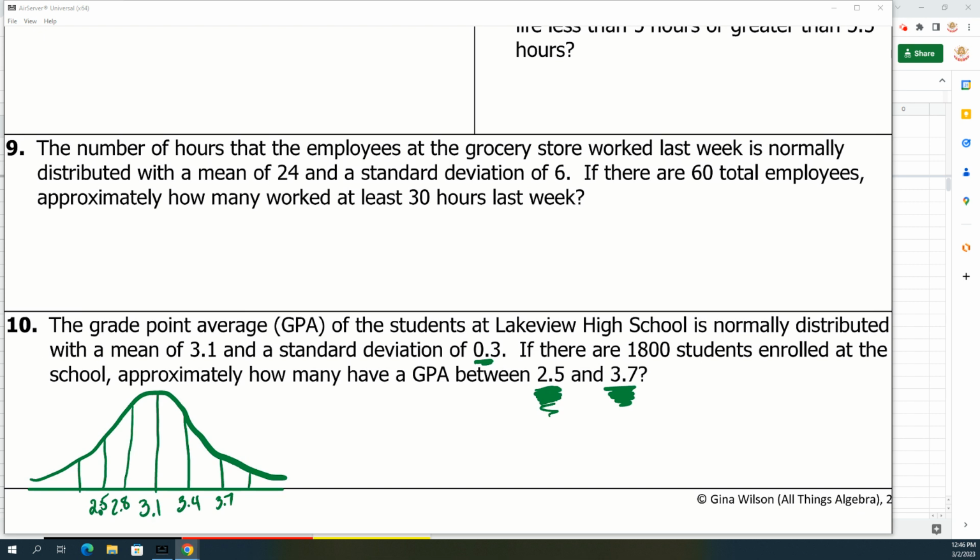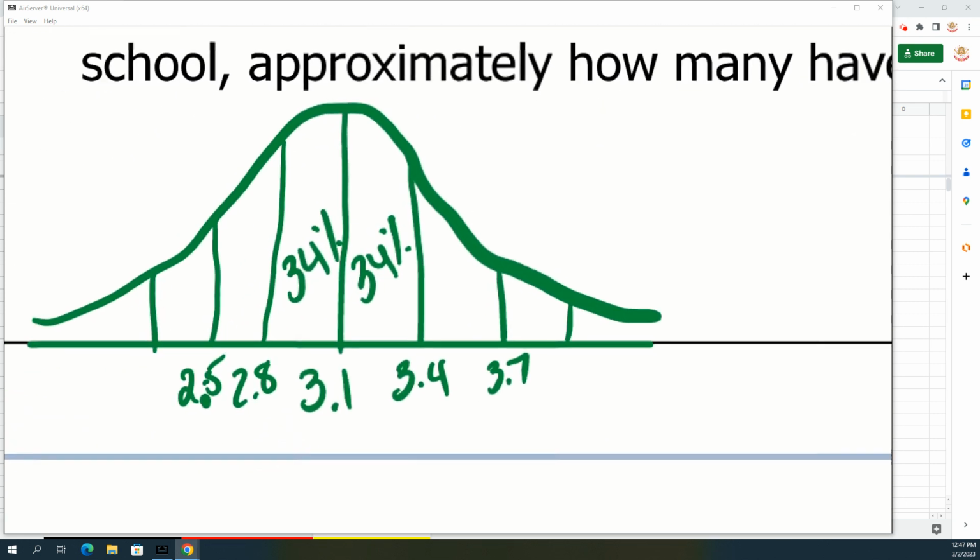Anything outside of that, we don't care about, so I'm not going to fill in my percentages there either. It won't hurt if you fill in more than you need, but let me zoom in a little bit. Between 2.5 and 3.7 are all those percentages that add up to 95%.